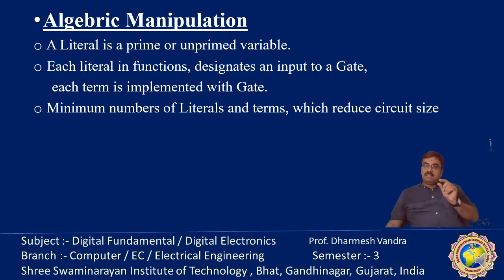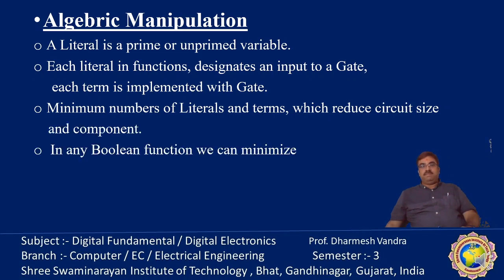Whatever gates are implemented in a small IC, if we reduce the circuit size of any function, it reduces the area. Second, if there are fewer components, power consumption is also less. So area reduces and power consumption reduces. These are the two main advantages of minimizing the number of literals and terms in any circuit.